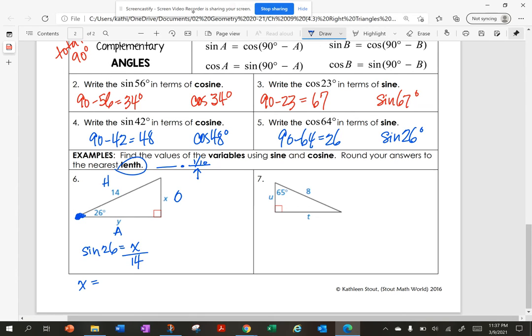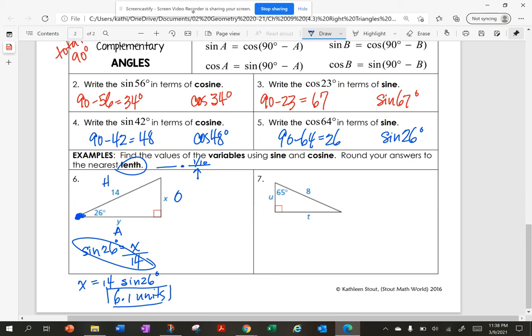So x equals 14 times the sine of 26 degrees. Put the number to the left of the trig word so you don't accidentally multiply times the angle. So rounding to tenths, I get x is approximately 6.1 units. I don't have any units, so I'm just going to put generic units.